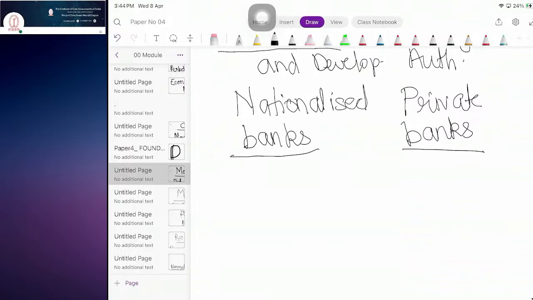So at least give me a few examples of nationalized banks and a few examples of private banks. What? Tell me. Canara Bank. No, it's not a private bank. It's a nationalized bank.